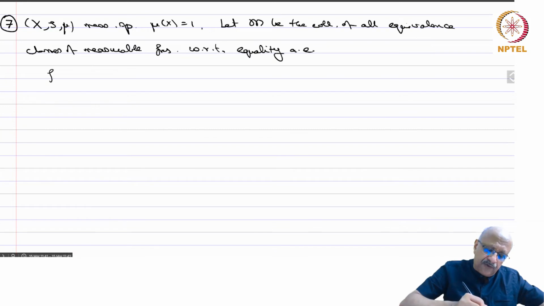So you say f is equivalent to g if f equals g almost everywhere, and the set of all equivalence classes is f bar.